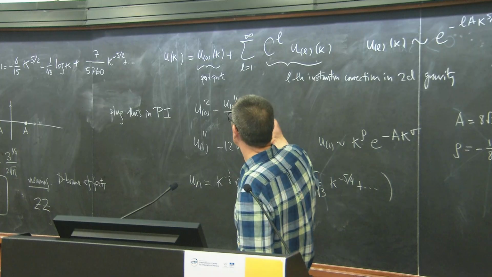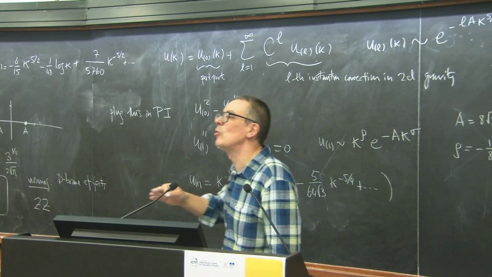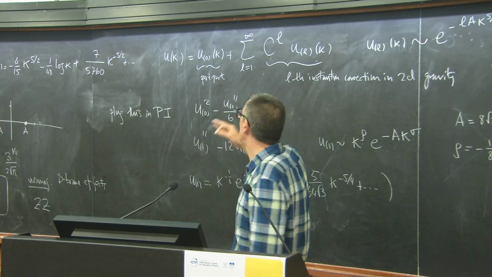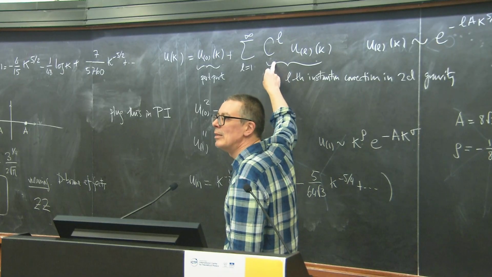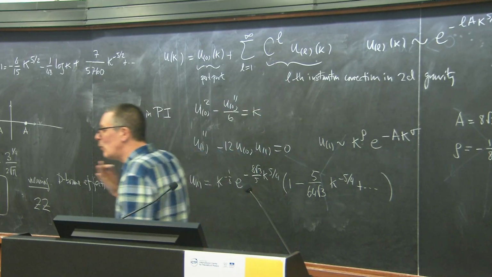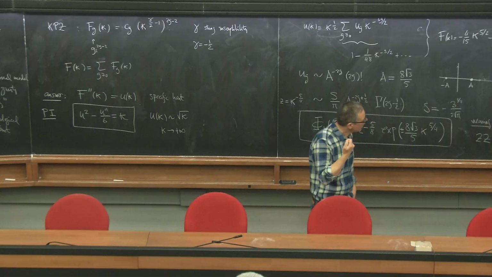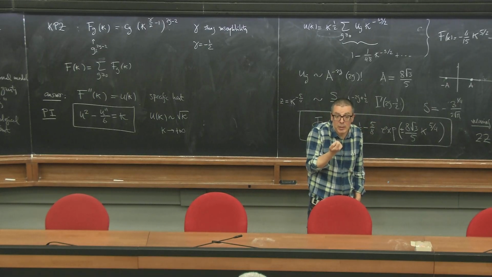So the Stokes constant is important, for example, if you want to impose an additional reality condition in this thing, but this doesn't fix C completely. Okay? And it's very important that the Stokes constant is an intrinsic property of the perturbative series, you see.